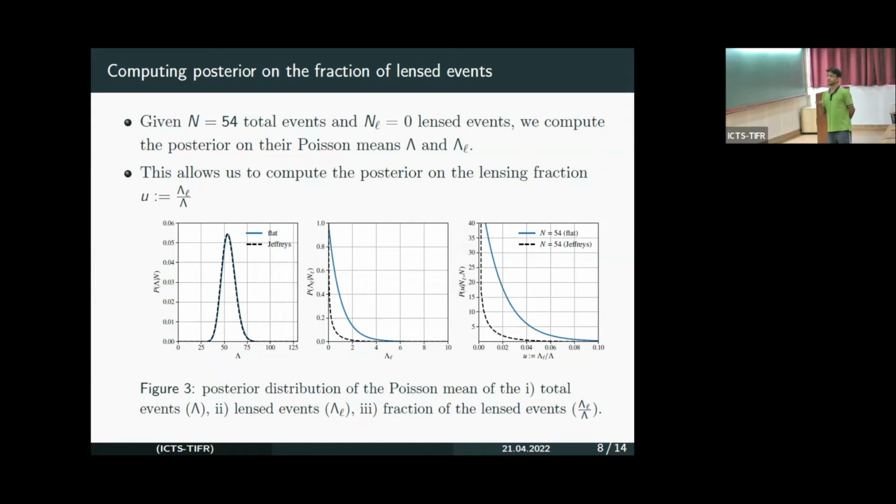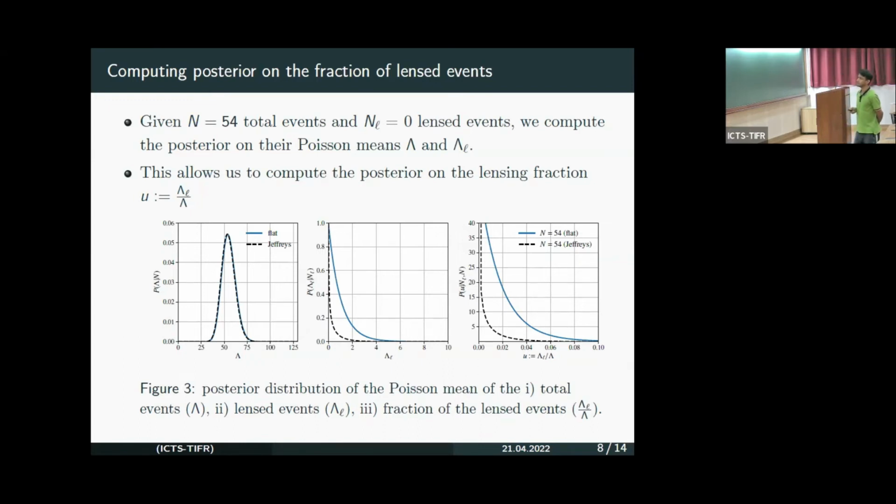So what do we do instead? We assume that it follows a Poisson distribution with a mean of lambda for the total number of events, and for the lensed case, a mean of lambda_L. This allows us to compute the posterior on the lensing fraction, which is defined as lambda_L over lambda.